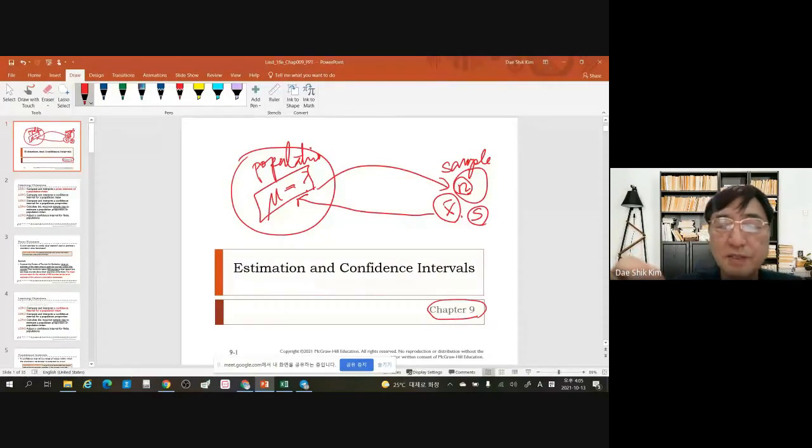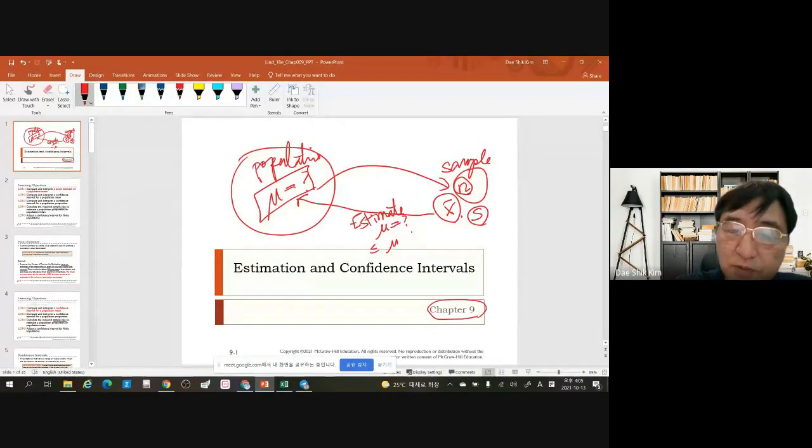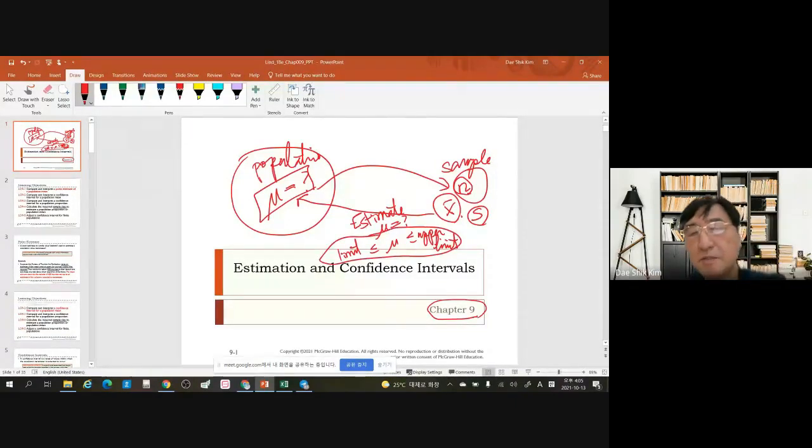There are two things. This is estimation. We will estimate mu, or estimate the range, with a lower limit and an upper limit. The population mean may exist between some lower and upper limit.